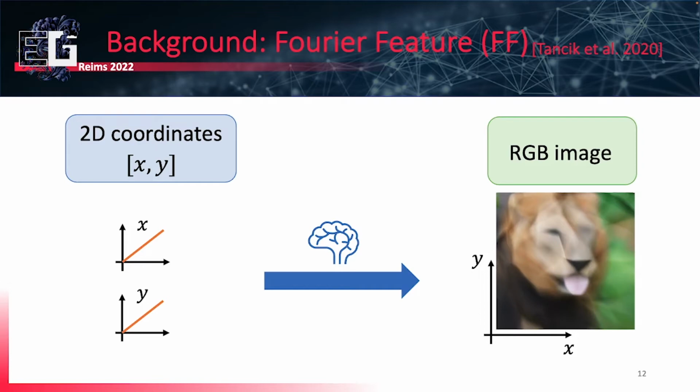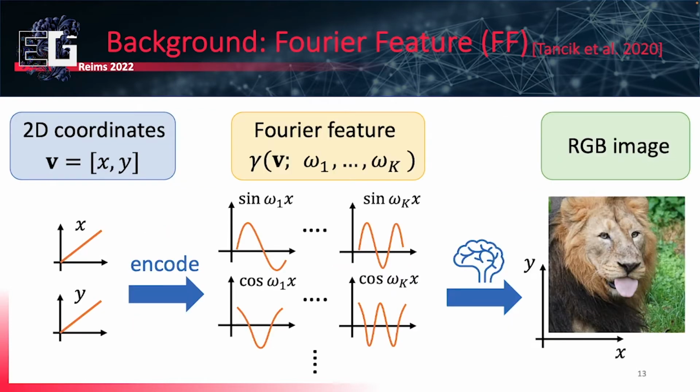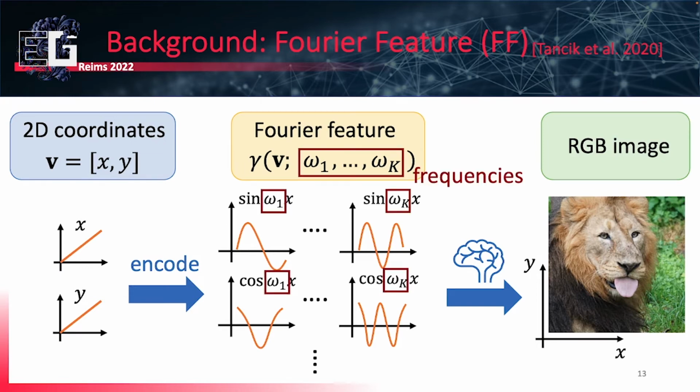Previous implicit networks relied on a technique called the Fourier feature to overcome this problem. Tancik et al. first map the coordinates to the Fourier feature and then apply the MLP to obtain high-quality reconstruction. The Fourier feature is basically a high-dimensional encoding of the input coordinates using trigonometric functions with various frequencies.